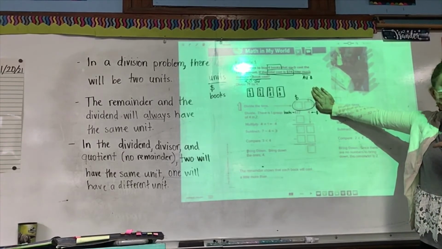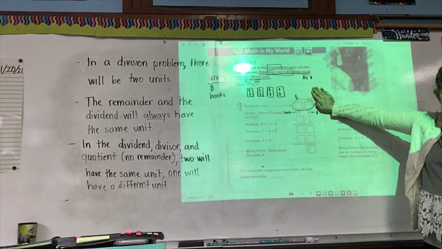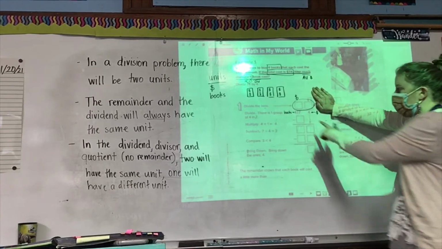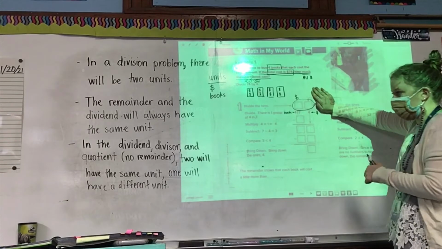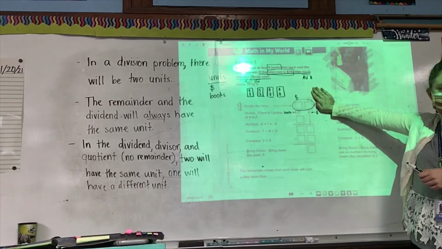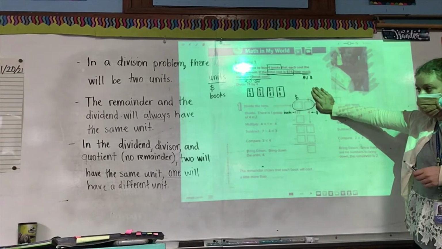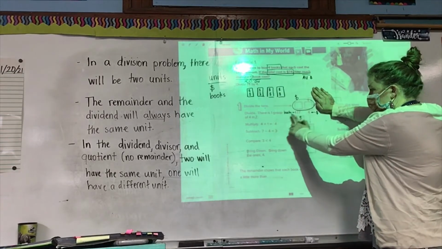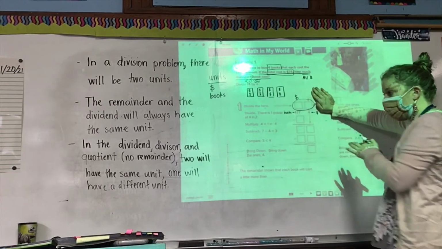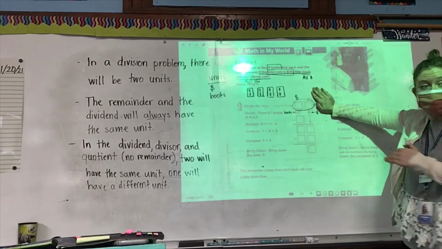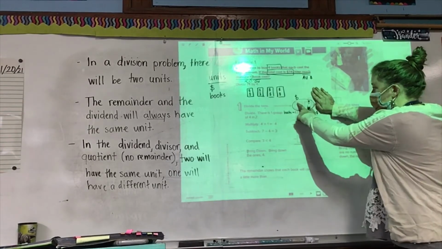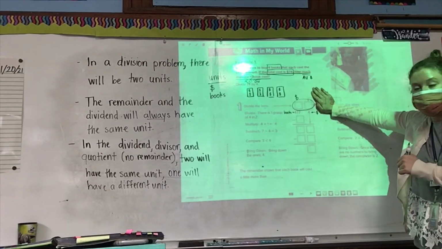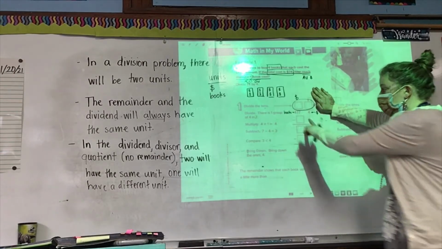So look at the problem, cover up the remainder, and look at what we have left. We have the dividend, the divisor, and the quotient. Look at that last note on your Post-it. Out of the dividend, the divisor, and the quotient, no remainder, 2 will have the same unit, 1 will have a different unit.